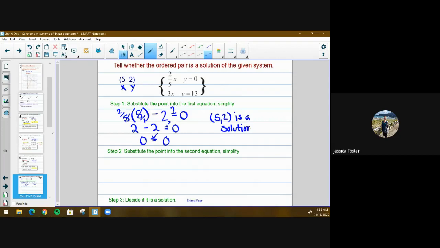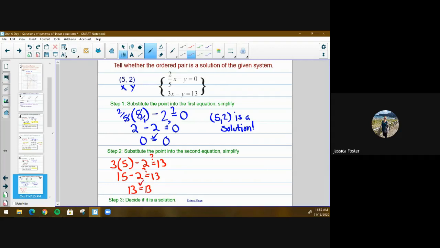Let's check it out for the second equation. We have 3x minus y equals 13. So we have 3 times my x value, minus y, which is 2. And we want to know if that's going to be equal to 13. 3 times 5 is 15. 15 minus 2 is 13.